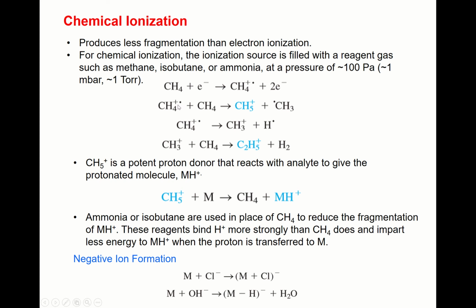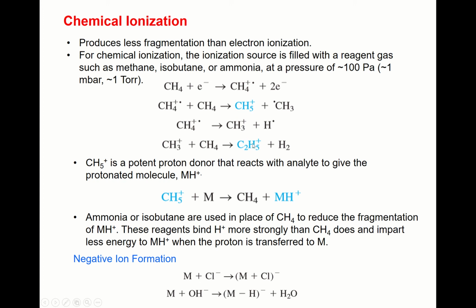The methane cation radical reacts with another methane, and the CH5 plus cation is produced. Or the methane cation radical loses a hydrogen radical, becomes CH3 plus, the positively charged ion, and this reacts with methane to form C2H5 plus.